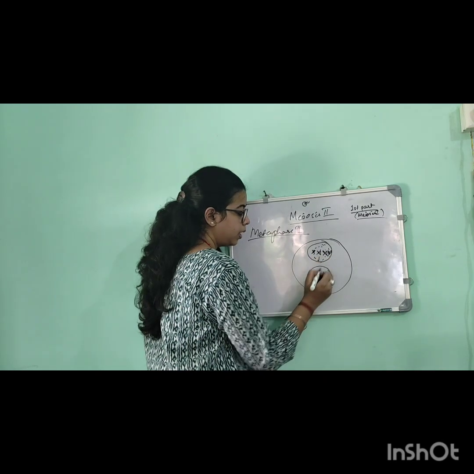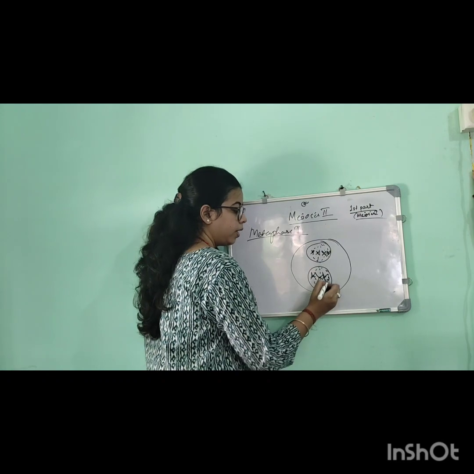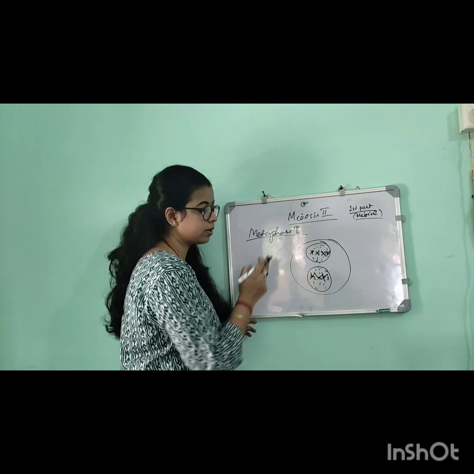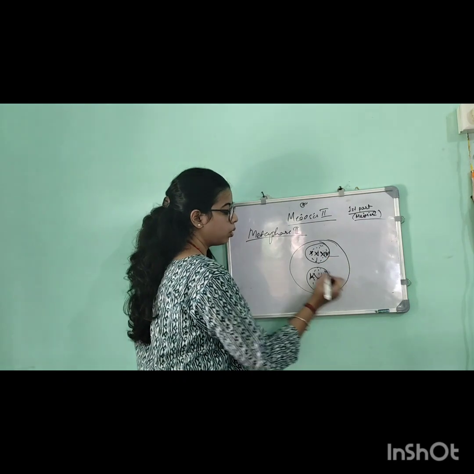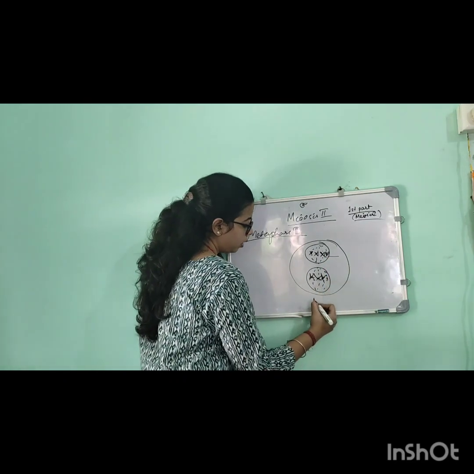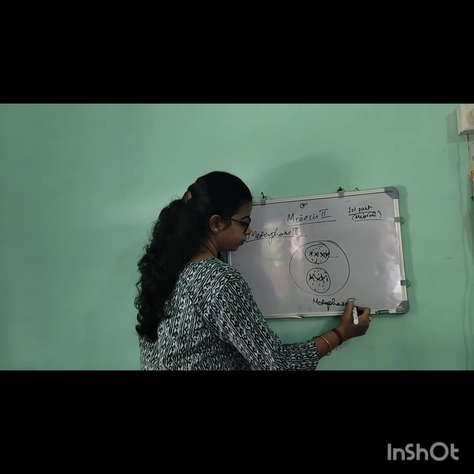Now you know why I am drawing these two daughter cells: by the end of telophase 1, we already had these two daughter cells. They are attached to the spindle fiber, and this is the stage of metaphase 2.